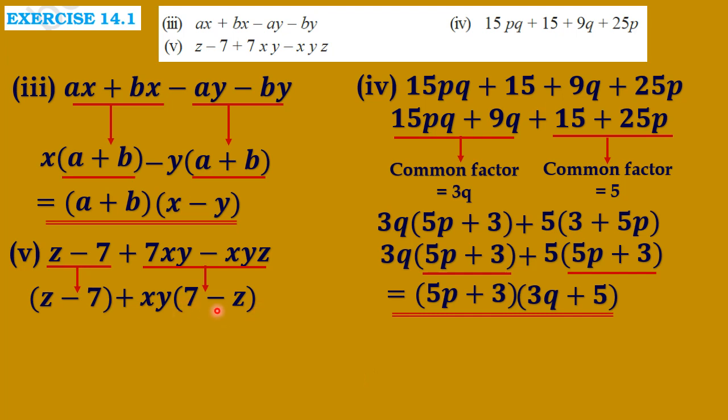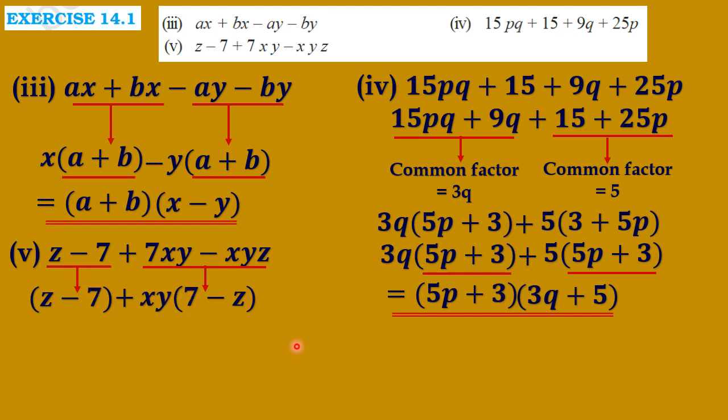How can you make it? I cannot simply change the sign, that is not possible. Then this plus will become minus. That is, let me take the minus out. As I told you, whenever minus is outside, inside the sign will change. So 7 will become minus 7, and minus z will become plus z.